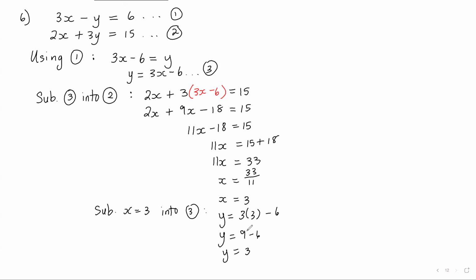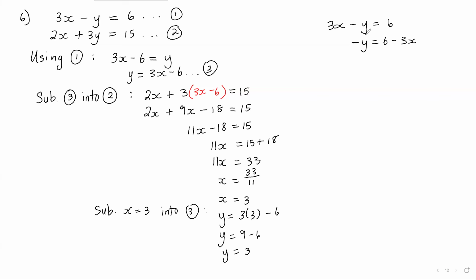Now, before we even check to see if the answer is correct, I want to show you if I had to rearrange equation 1 a different way. So if I have 3x minus y is equal to 6, I could still move 3x to the other side. So I could say minus y is equal to 6, take away 3x. And then to get rid of this minus, I could just multiply throughout by minus 1.